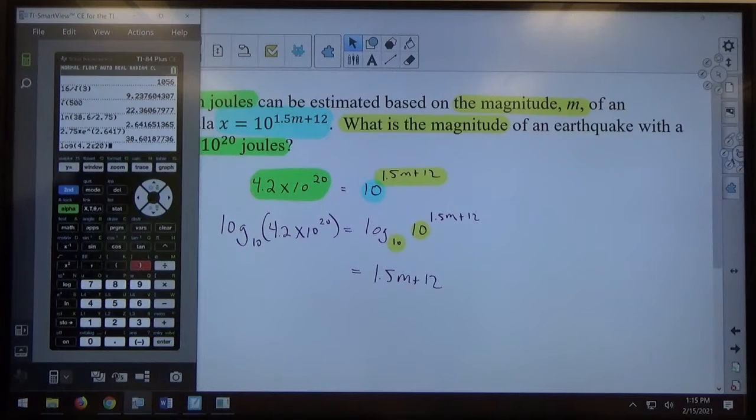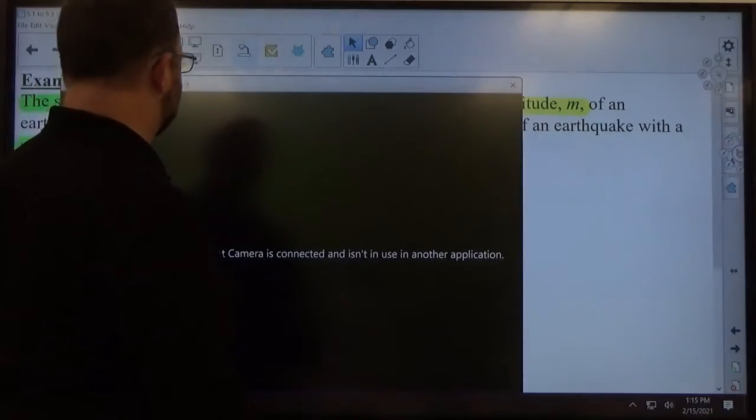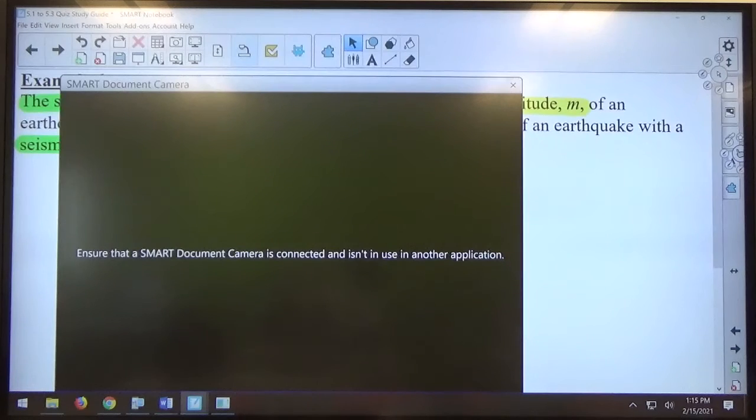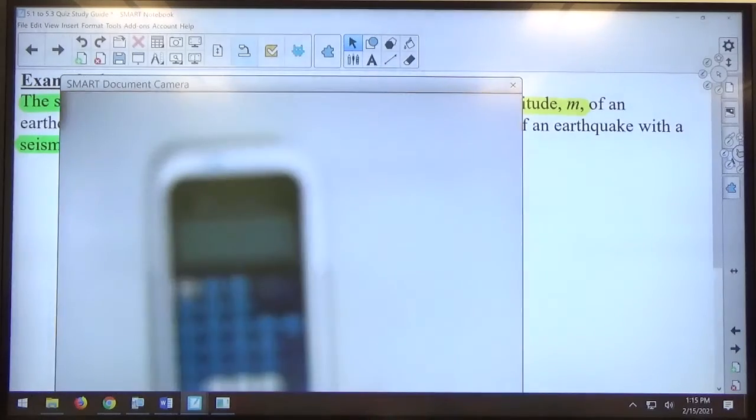Let's see if I can get this thing turned on. There we go.